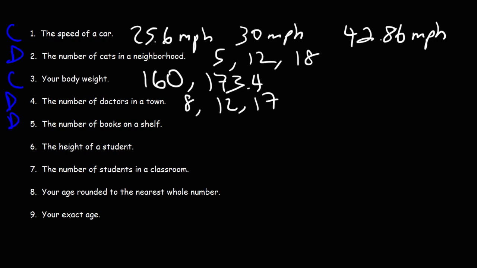Now, the height of a student. You can't really count the height of a student, but you can measure it. A student might be 6.3 feet tall. They could be 5.84 feet tall. So that can be measured. So we're going to say C for continuous. The number of students in a classroom, that can be counted, like the number of doctors in a town. So that's going to be discrete.